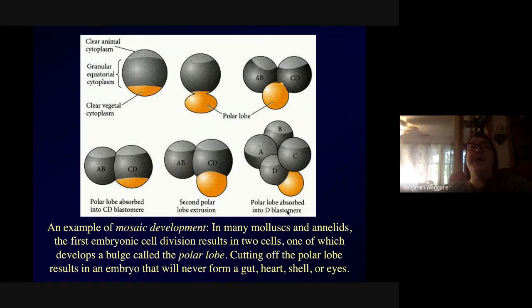And that does not cause test tube babies to be born with only 15/16 of their organs. A 16-cell human embryo can lose one cell and still develop normally and compensate for the fact that it's missing. So humans have much more regulative development because the fates of what our cells are going to become are not fixed nearly that early in development.